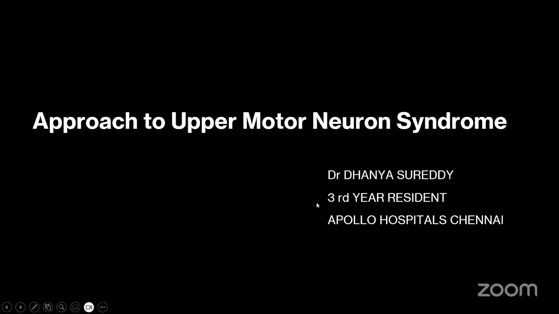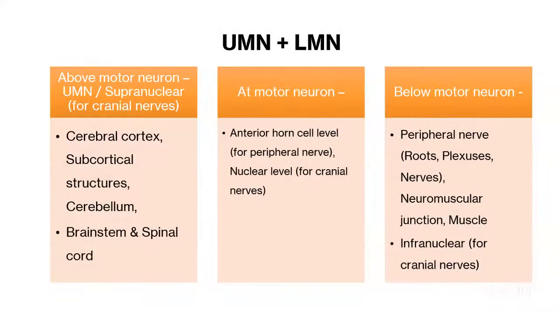Today we are going to discuss the approach to upper motor neuron syndrome. In this, I'm going to discuss anatomy, followed by clinical history and examination. First, what is UMN and what is LMN? Above the motor neuron is the UMN, or supranuclear for cranial nerves.